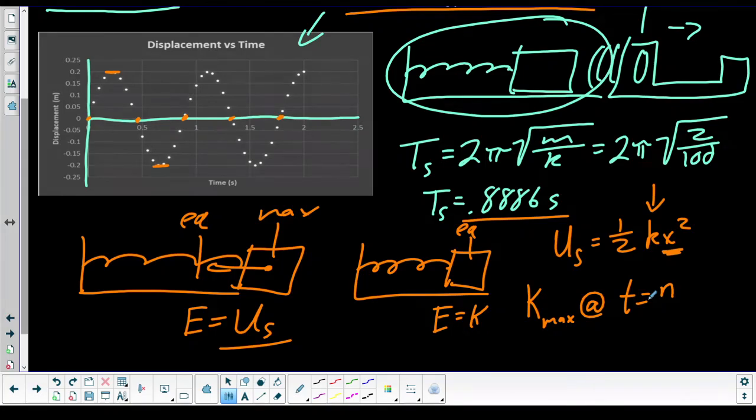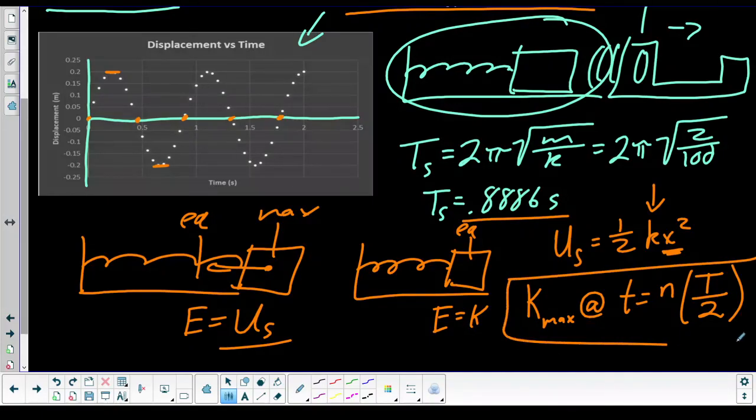So 1, 2, 3, 4 times T over 2, right? Here's half T, here's 1T. Here's 1.5 T, so n equals 3. Here's 2T, 4T over 2, right? So this is when our kinetic energy will be a maximum.